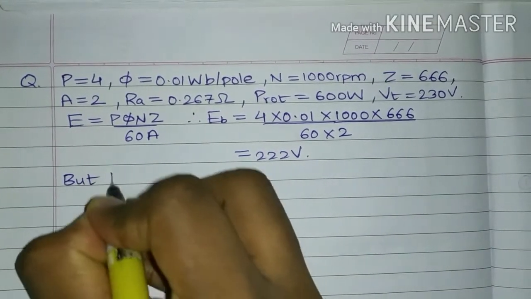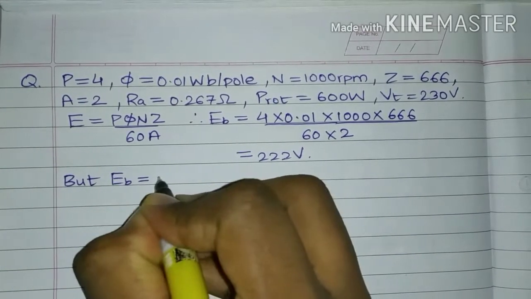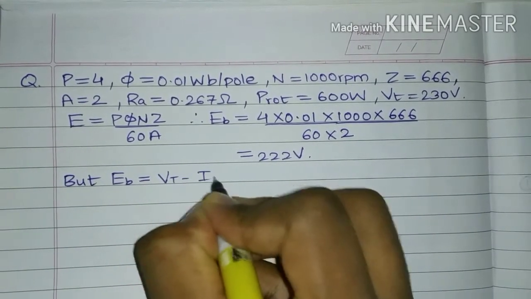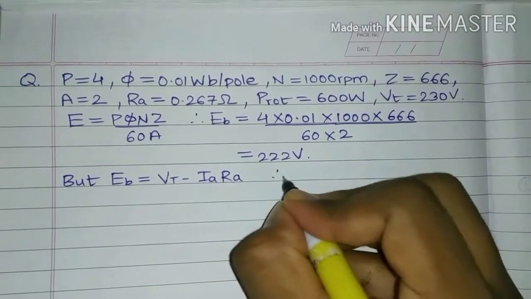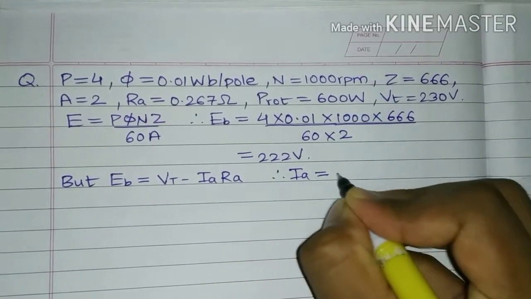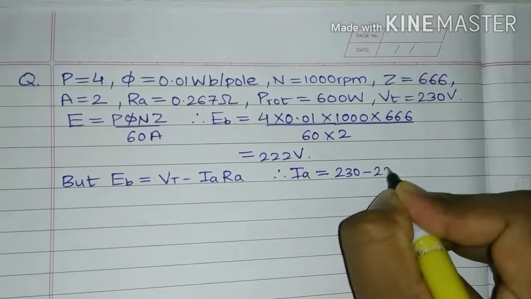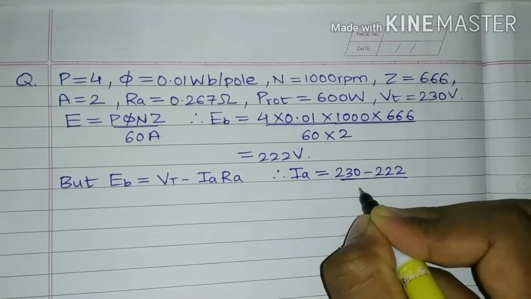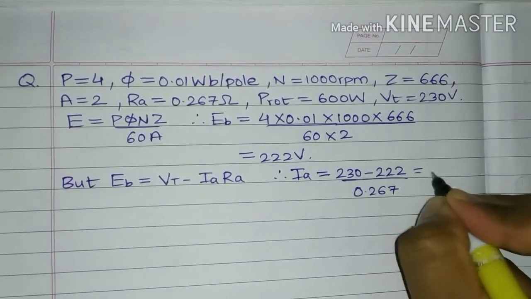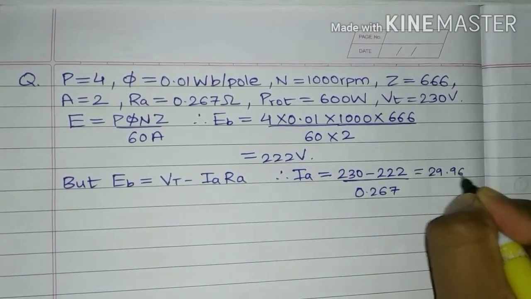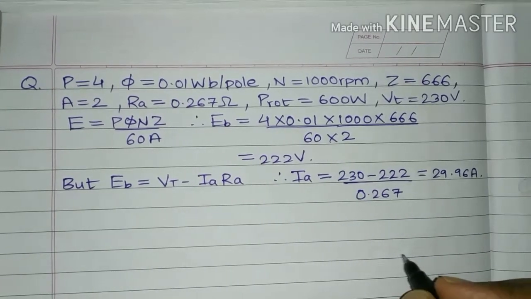But we know that EB is equal to Vt minus Ia into Ra. Hence Ia will be equal to 230 minus 222 divided by Ra, which is 0.267. Hence the armature current is equal to 29.96 amperes.